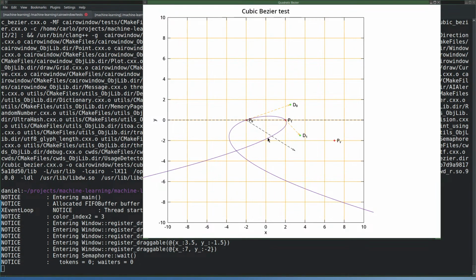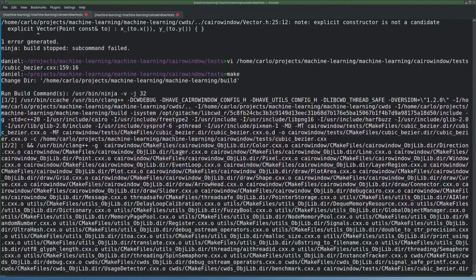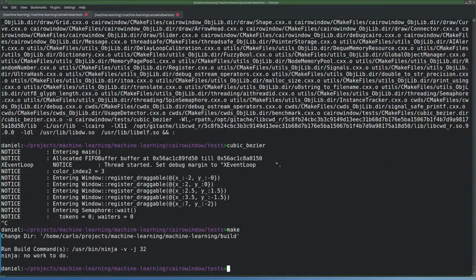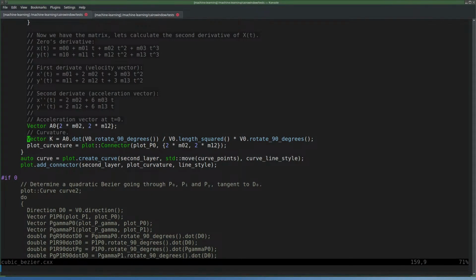But instead we get this. Did it even compile? Looks like it compiled, so I don't get it. Oh, that's because whatever I calculated here, I didn't use it. I'm still plotting the acceleration vector.